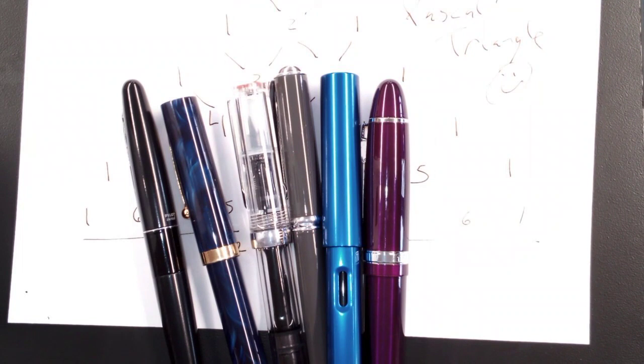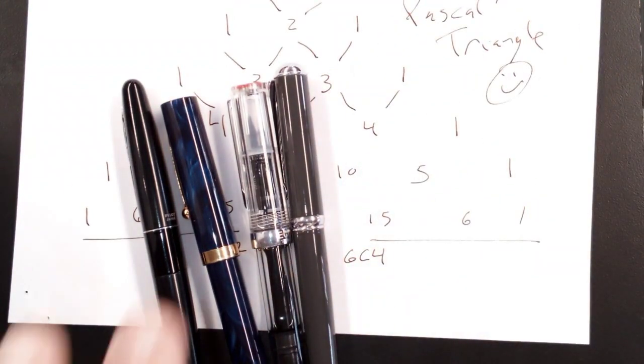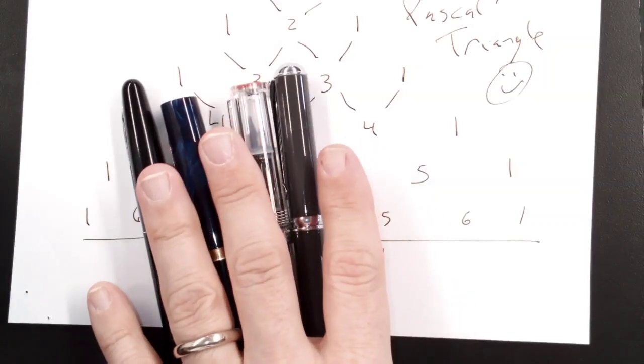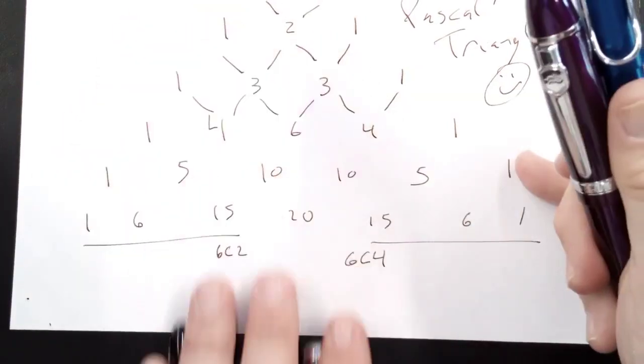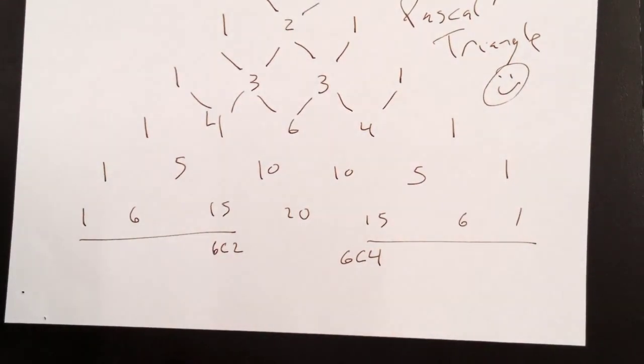But if I pick 2 of them up, isn't that the same as picking the 4 I leave? So if I know the number of ways to take 2 of them away, I know the number of ways to take 4 of them. So the number of ways to choose 2 is the same as the number of ways to choose 4.